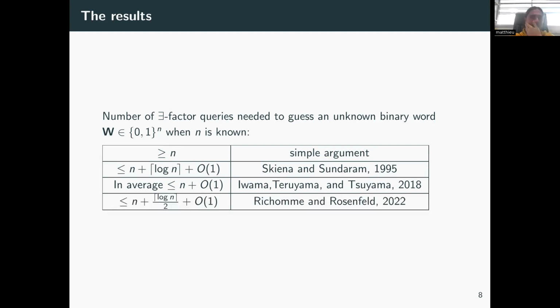That's not quite clear, but at least what we did with Gwenaël Richaume is that we showed this can actually be improved a little bit. I'm not going to go into the detail of this particular one. In a few words, the idea is that when you want to find the largest block of 0, instead of starting your binary search at n over 2, you start your binary search at root n.